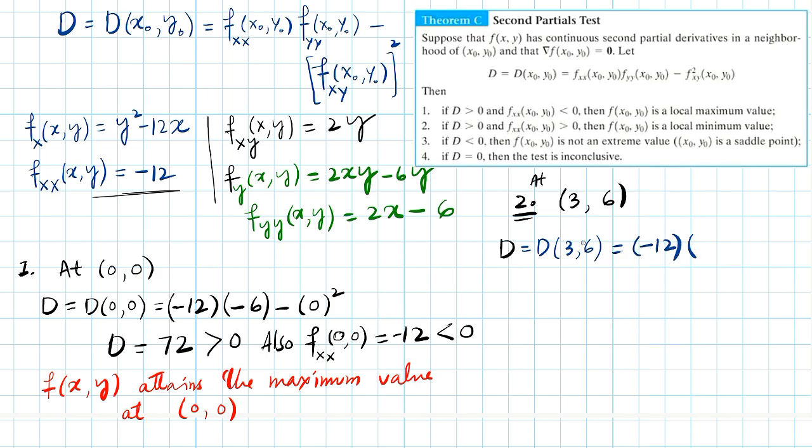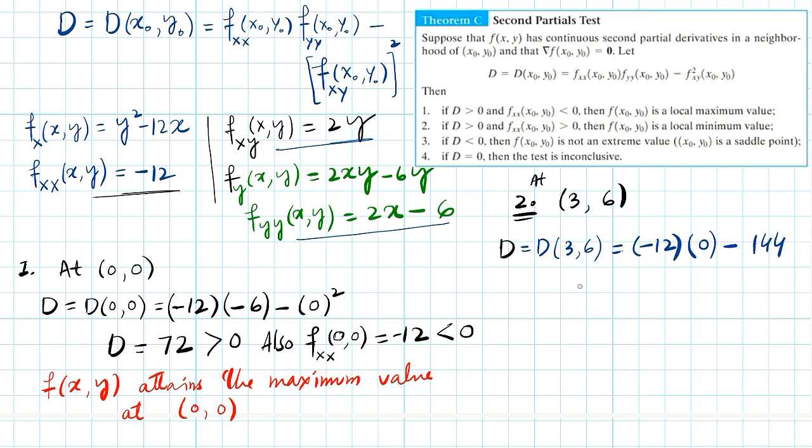And when we put this into the double derivative with respect to y, x is 3, so 2 times 3 is 6, and 6 minus 6 is 0, and then minus the double derivative with respect to xy at this point. Here we have only y, so we put 6 here. So 6 times 2 is 12, and then you have to take the square. So 12 squared is going to be 144.